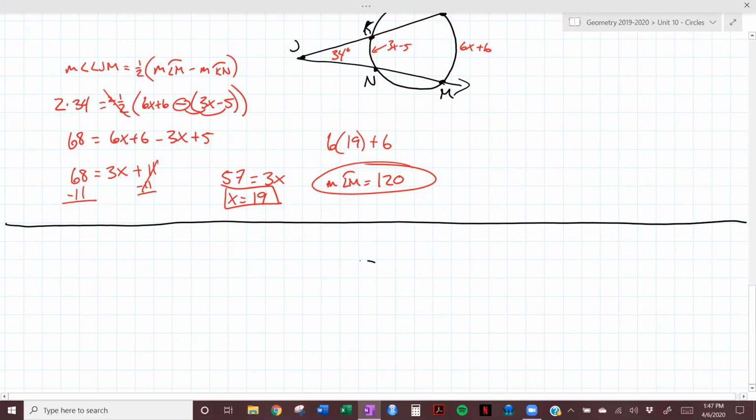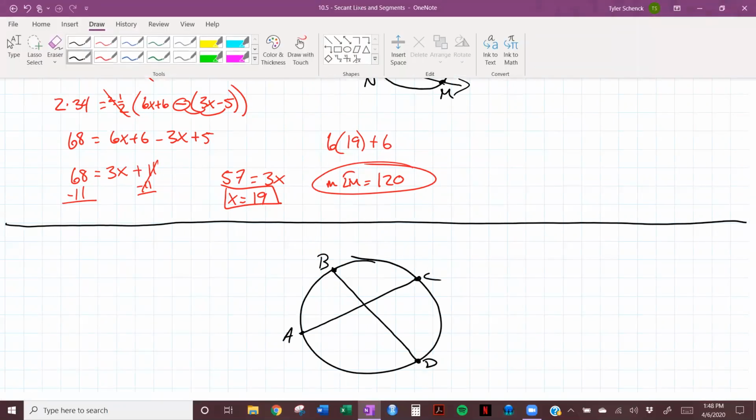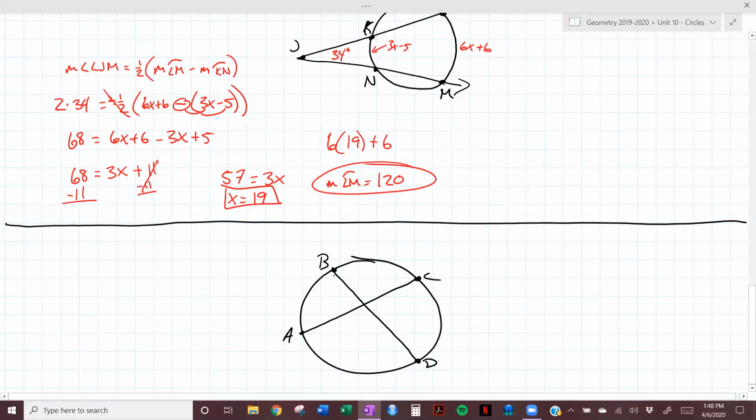So I got my circle here, and I have segment BD, and I have segment AC. I'm going to draw in red. Okay, now let me put E right in the middle. Sorry, forgot that.